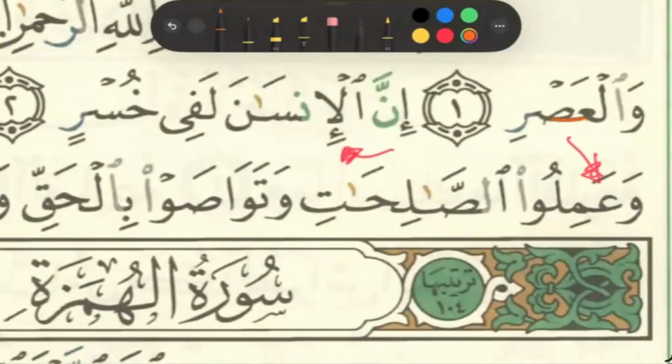Now I picked up my pen, then connects to the letter after it. Here's seen in the middle, connecting to the letter before it, connecting to the letter after it.